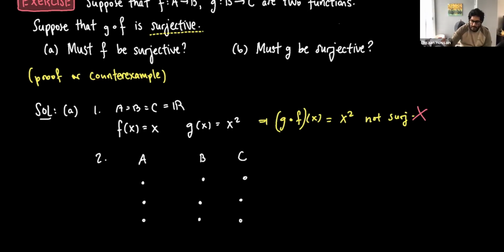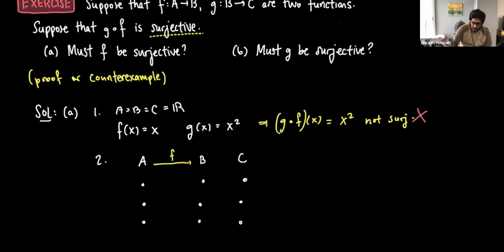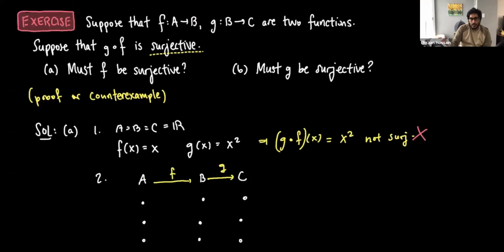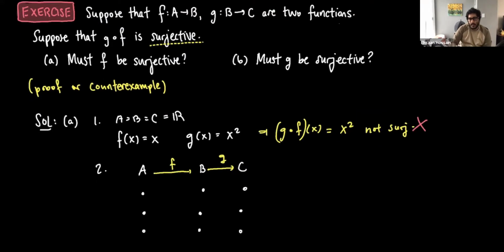So how should I map these points out? The first function to act is going to be f, right? And then g. We're trying to find a counterexample to A right now. Maybe I'll start us off. I want to find an example where f is not surjective, right?